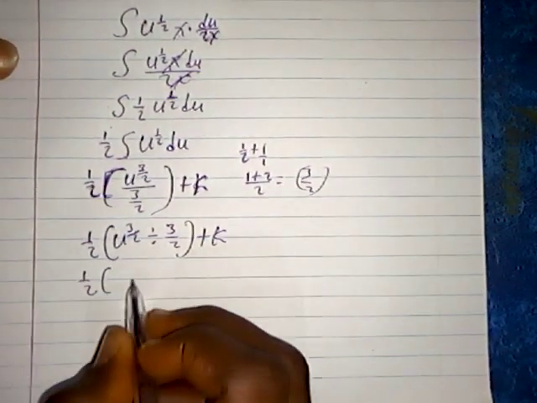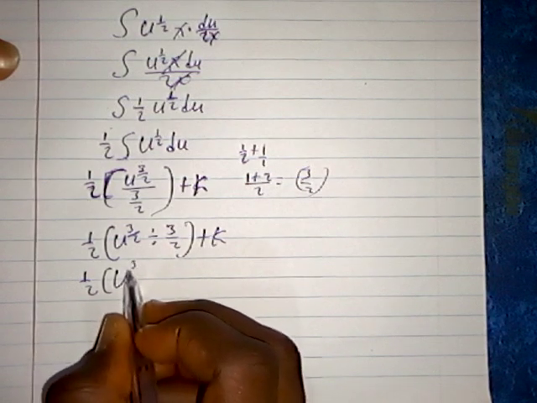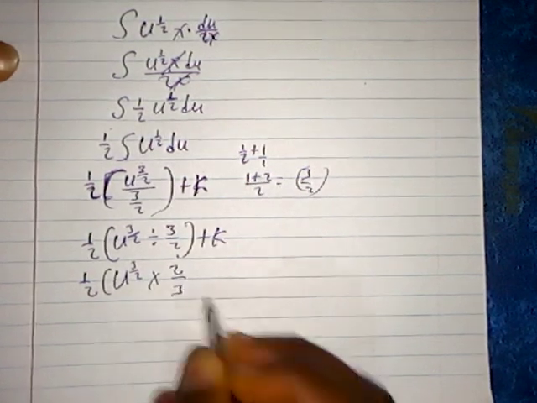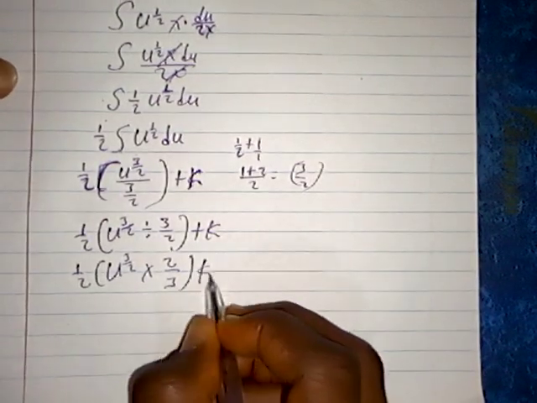We try to remove the fraction division. So 1 upon 2 into u raised to the power 3 upon 2 times 2 upon 3, plus k.